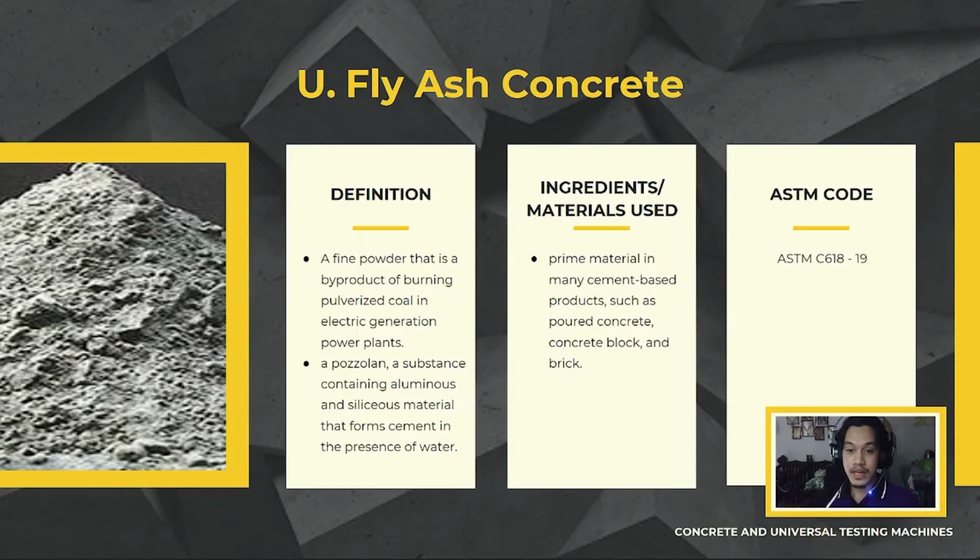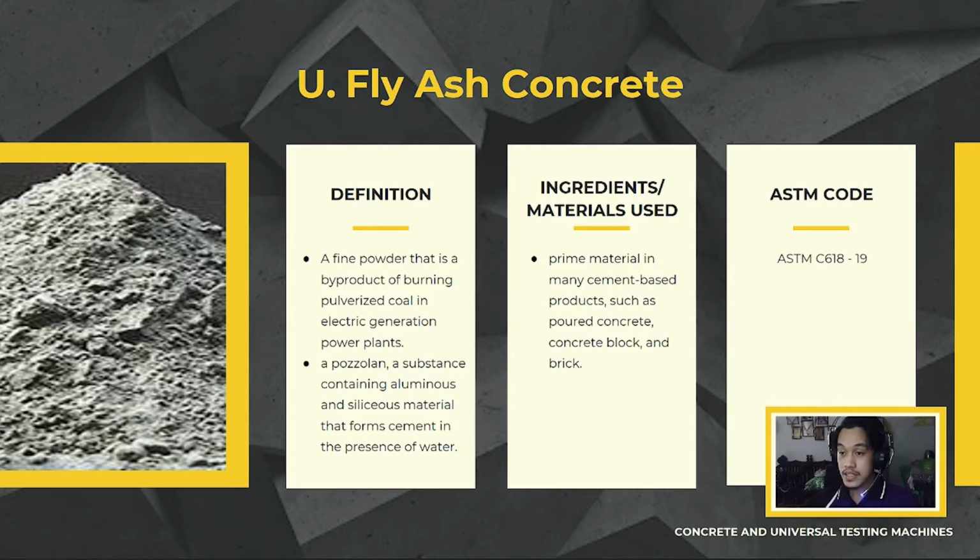Next is fly ash concrete. It is a fine powder that is a byproduct of burning pulverized coal in electric generation power plants. It is a kind of pozzolan, a substance containing aluminous and siliceous material that forms cement in the presence of water.